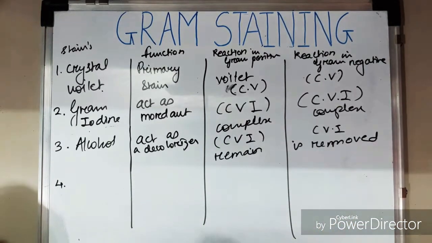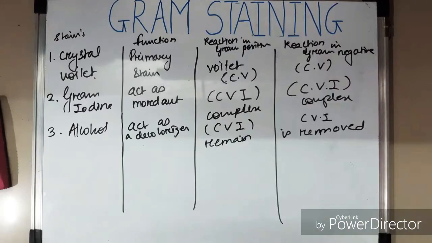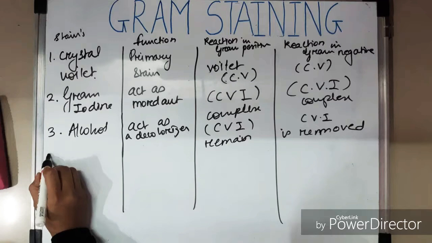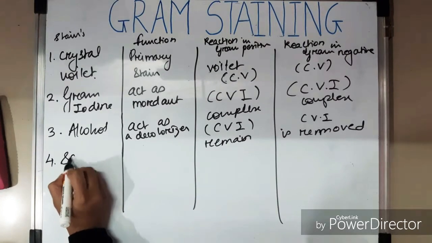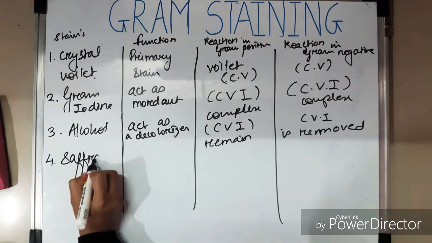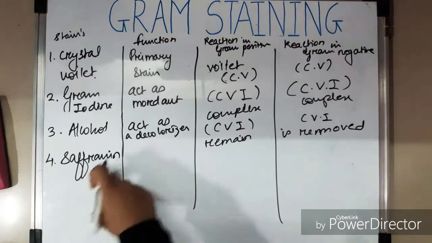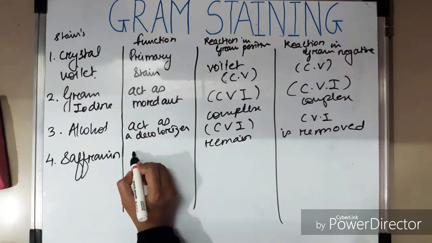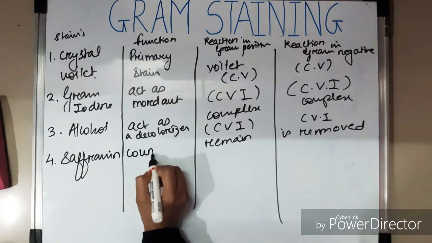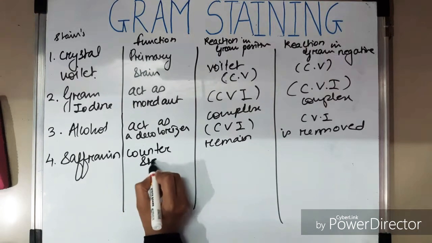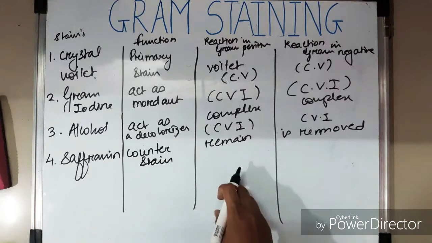Now the fourth one we will be seeing is about safranin. Safranin is the second stain used in gram staining. The function of safranin is that it acts as a counter stain. Counter means opposite.